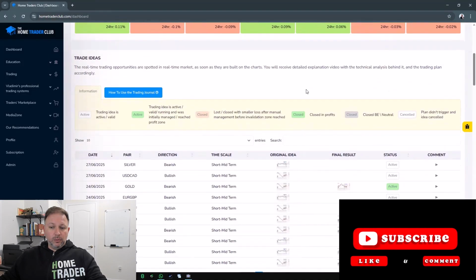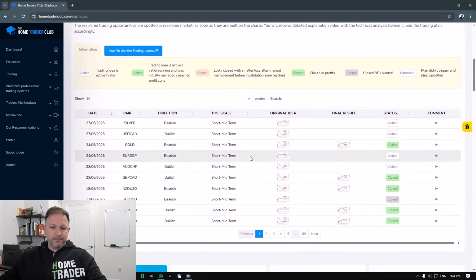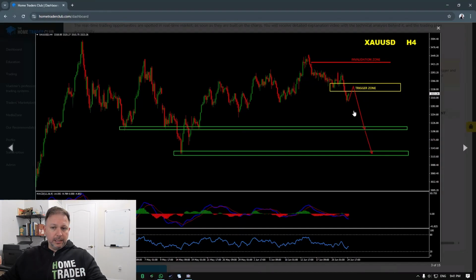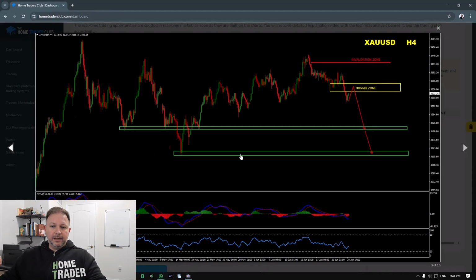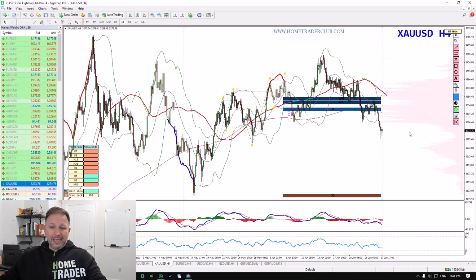If we take a look, we actually had this sell in our club this week. We got this trigger zone which entered the area and started its phenomenal move down.